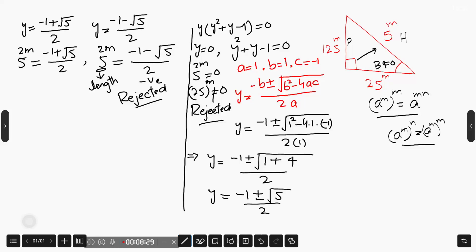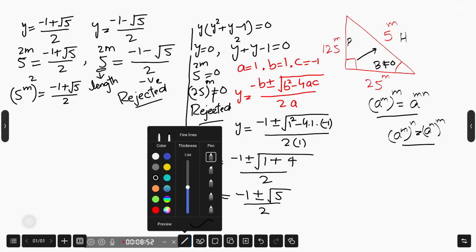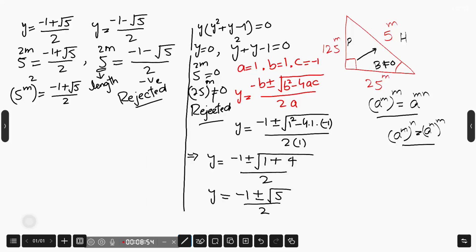In order to remove this square sign, we need to take the square root on both sides. So you see here the 2 and the square root are gone, and we get 5 to the power of m equals the square root of -1 plus square root of 5 divided by 2.